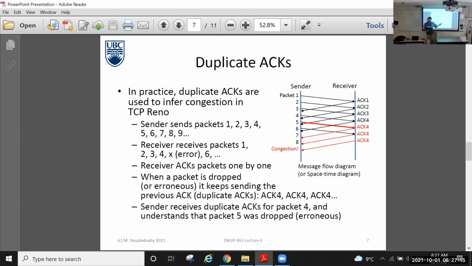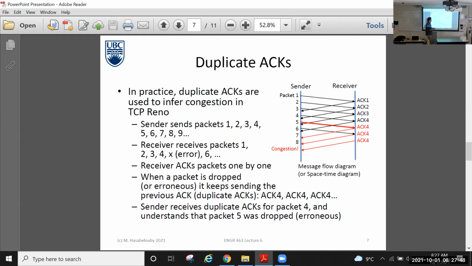So we will duplicate the acknowledgement: acknowledge 4, acknowledge 4, acknowledge 4, until the sender sees that it received duplicate acknowledgements of packet 4, which means that there is a problem in packet 5. So the sender has to send packet 5 again, followed by packet 6, packet 7, packet 8. You understand this idea?